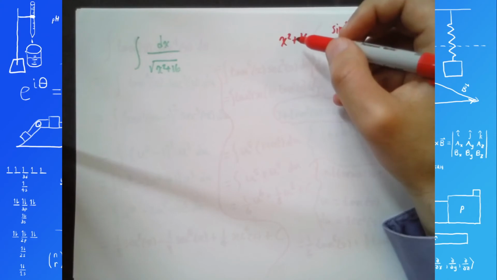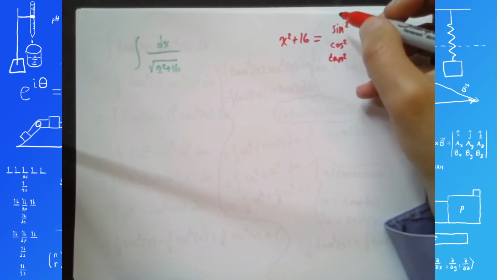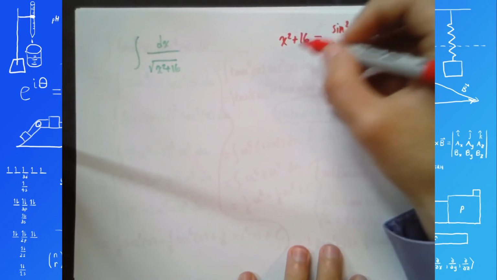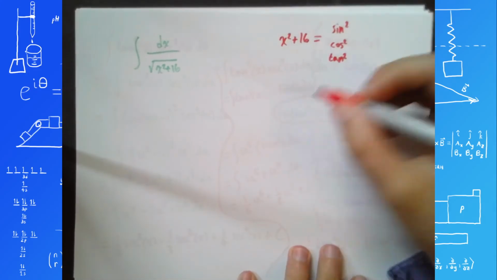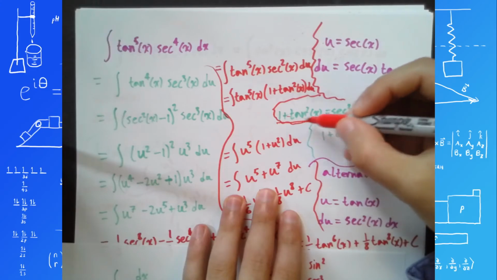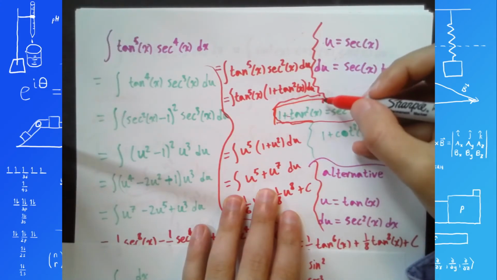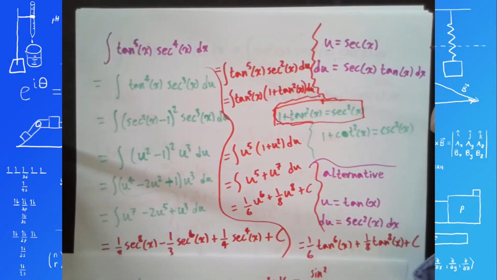In this case, I'm seeing addition. So with addition, what I would want to go for is probably secant squared, because I can see x playing the role of tangent squared and 16 playing the role of 1. So the trig identity that we used earlier, 1 plus tangent squared equals secant squared, looks like what I'm going for here.